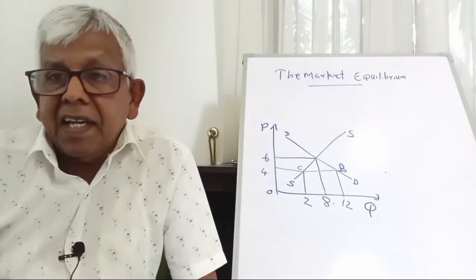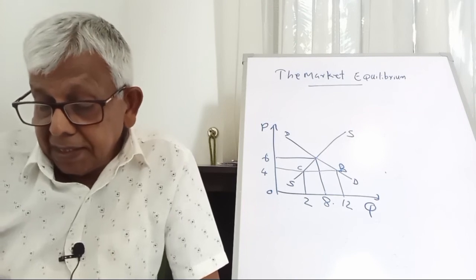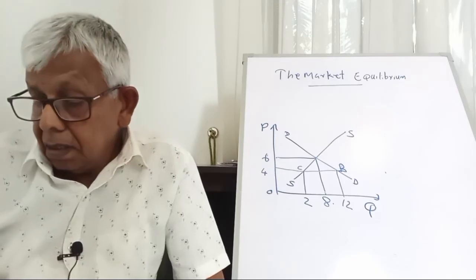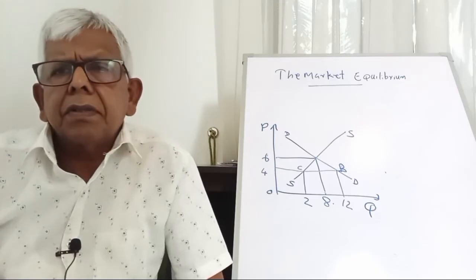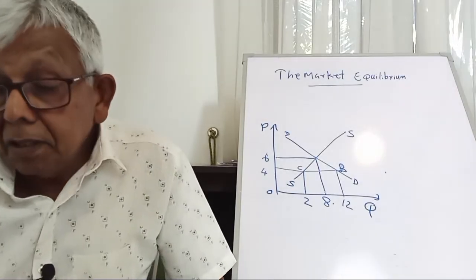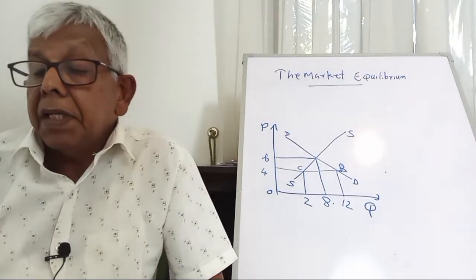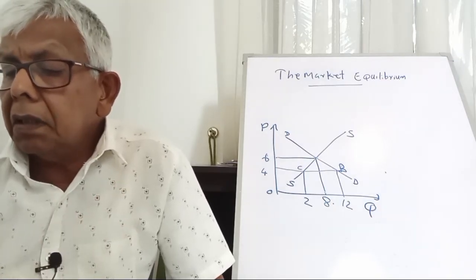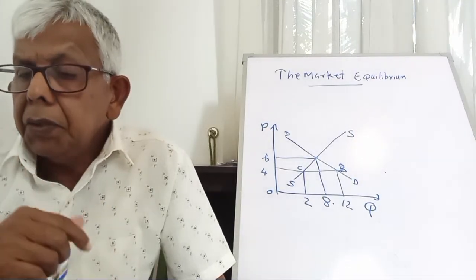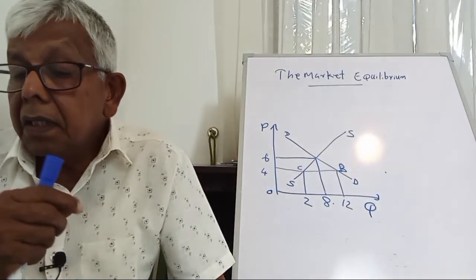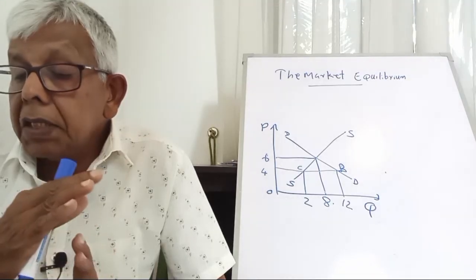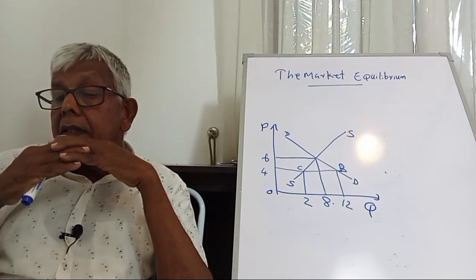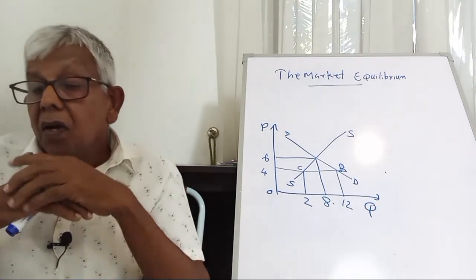The excess demand creates competition among the consumers, which pushes the price up until it reaches the equilibrium price, where the excess demand disappears.